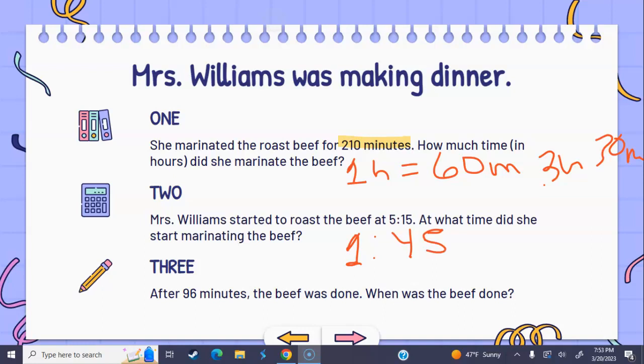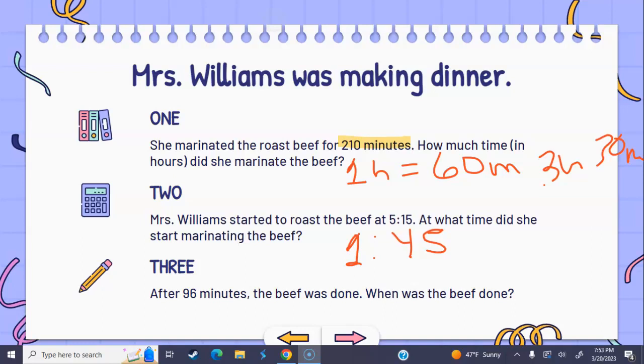After 96 minutes, the beef was done. When was the beef done? So if we started at 5 hours and 15 minutes, we know that every 60 minutes we have 1 hour.